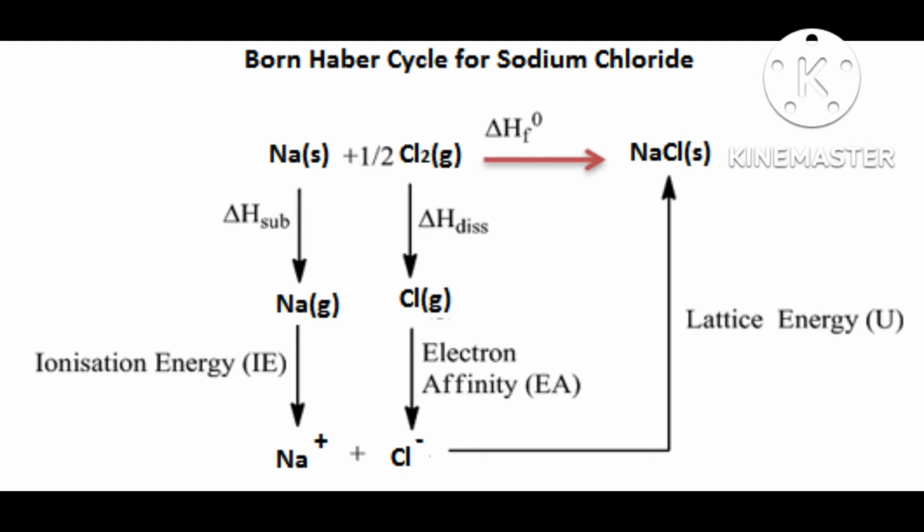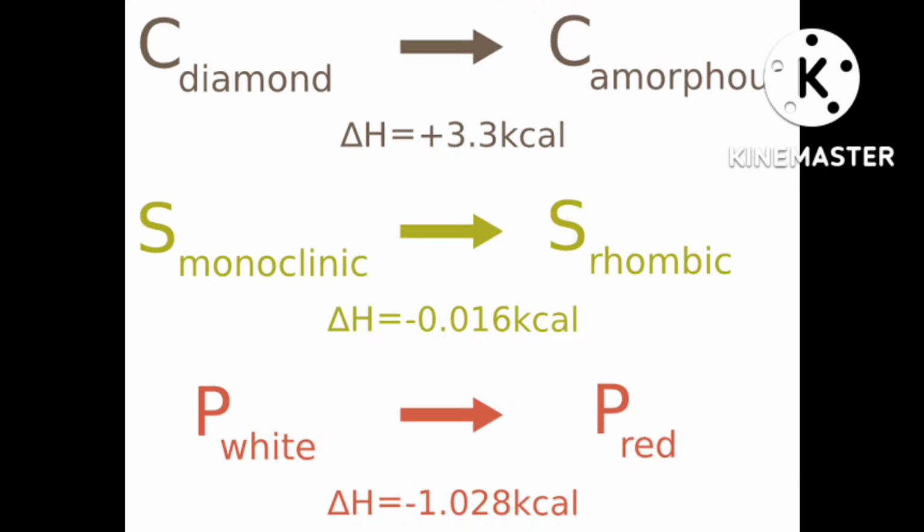Now try to understand the standard enthalpy change. Standard enthalpy change for the formation of 1 mole of compound. You are talking about formation of 1 mole of compound. How will it be formed? From its elements.